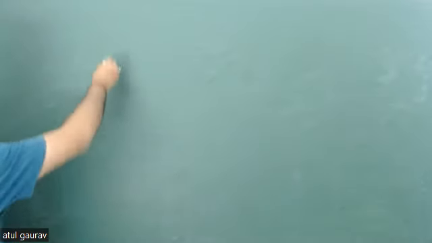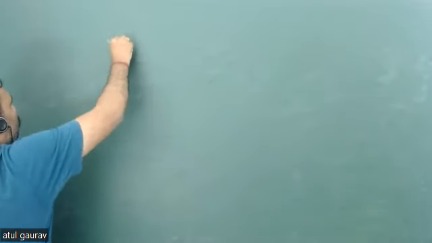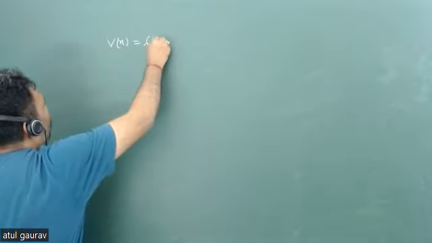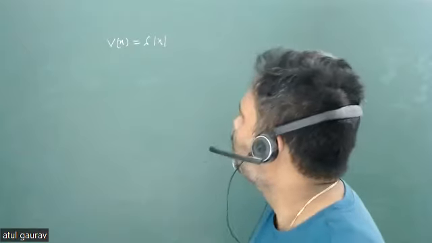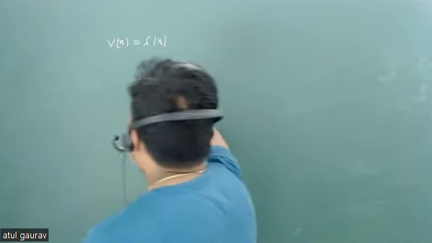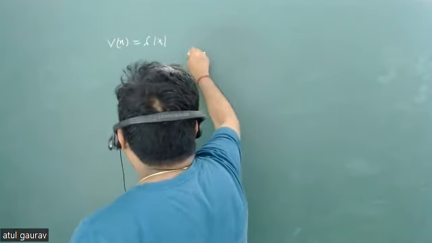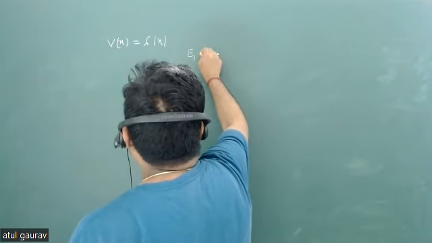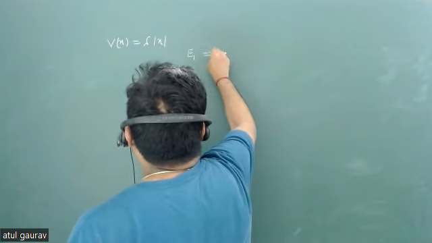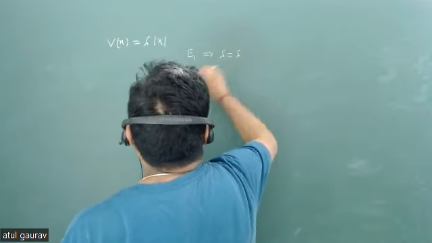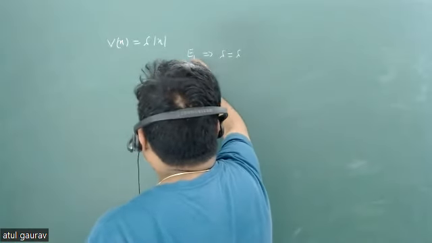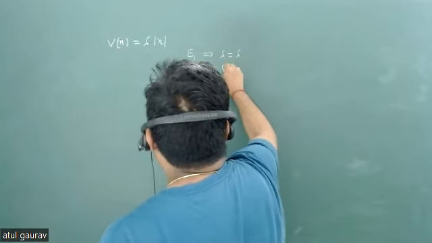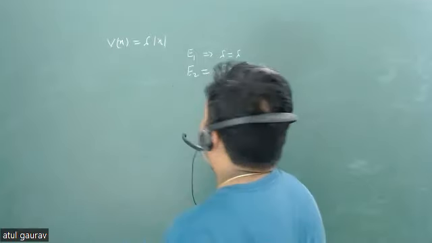So let's try to go for one more problem where Vx is equal to lambda mod x. Suppose this is your problem. It is given that E1 is the ground state energy when lambda is equal to lambda, and E2 is the ground state energy when lambda is equal to 2 lambda.